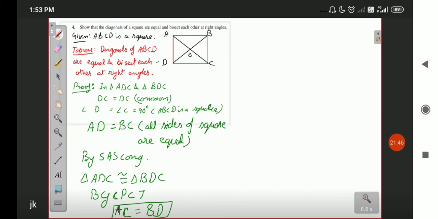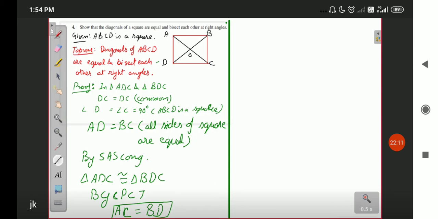Okay. Now, what is remaining to us is that its diagonals are bisectors of each other and each angle O is 90 degree. Okay. So, for that, we will be going on to the pair of adjacent triangles.